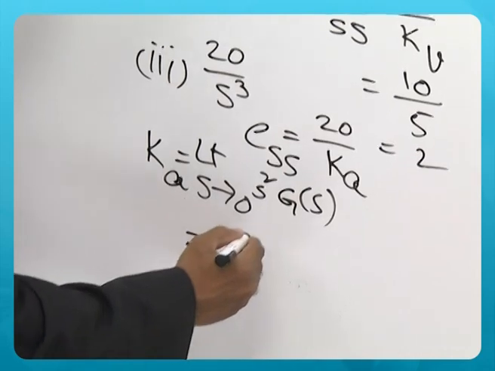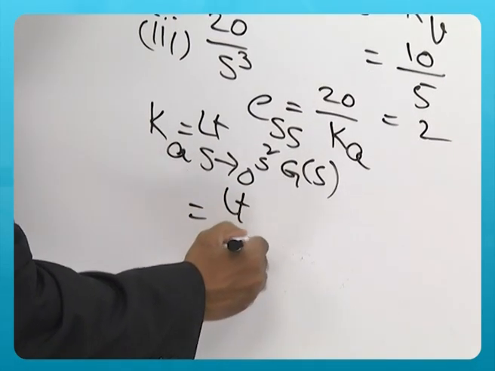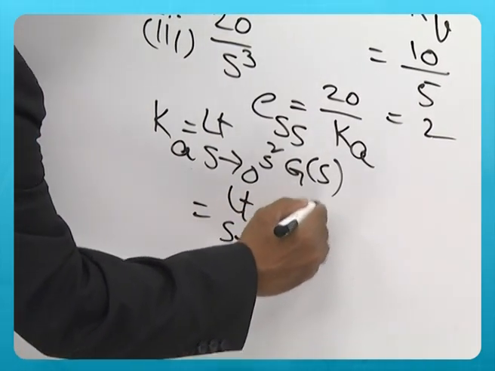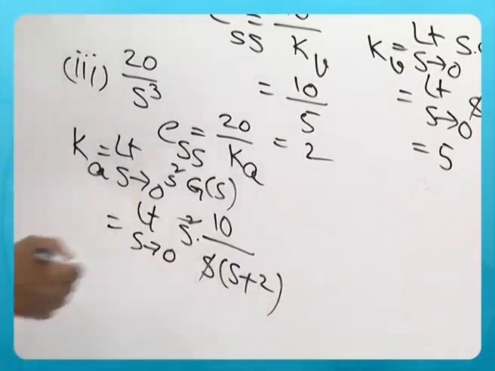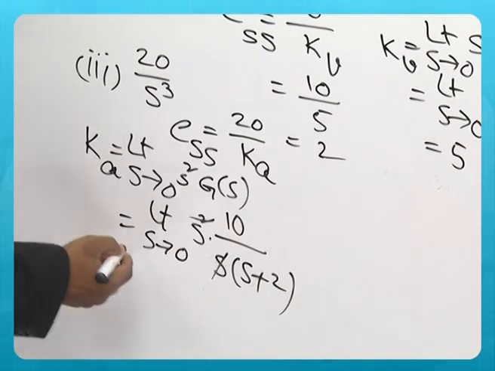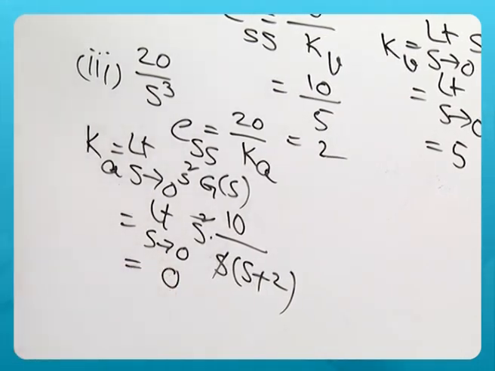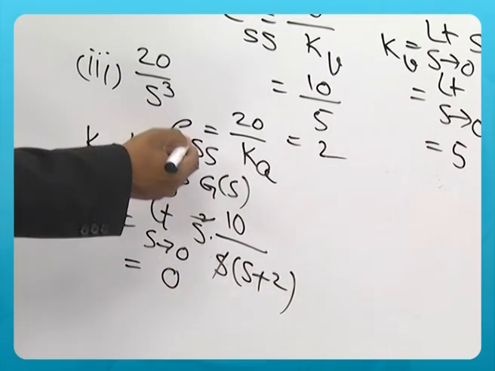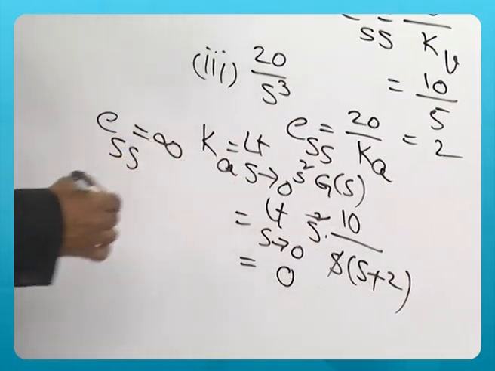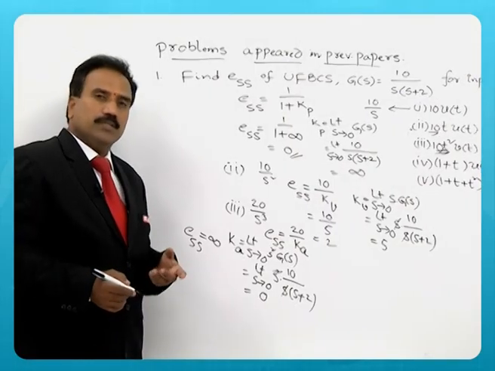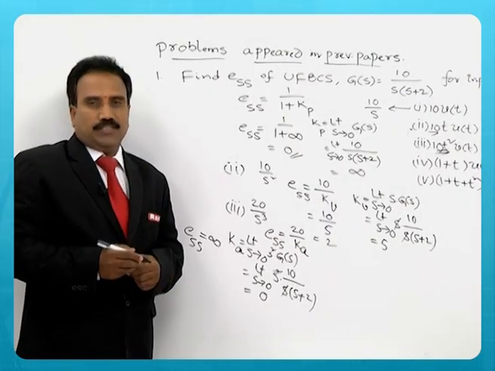Now, limit s tending to 0 of s square, and the function is 10 by s into (s plus 2). So, there is s in the numerator. So, this Ka will be 0 anyway, and the steady state error ESS is infinite. So, for parabolic input, the steady state error is infinity.